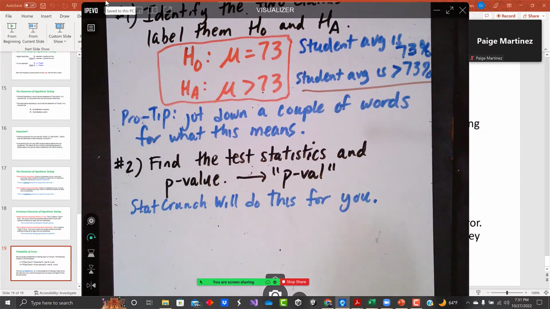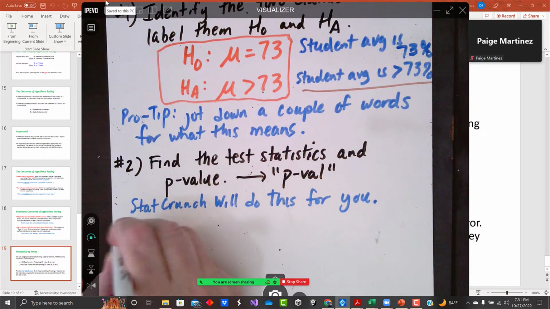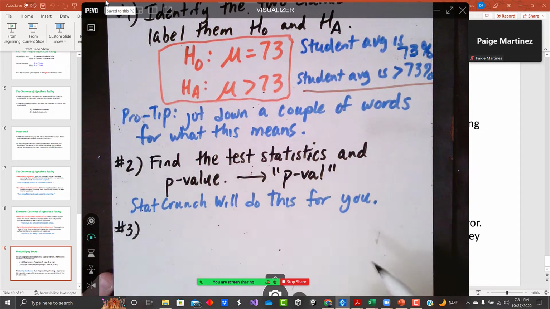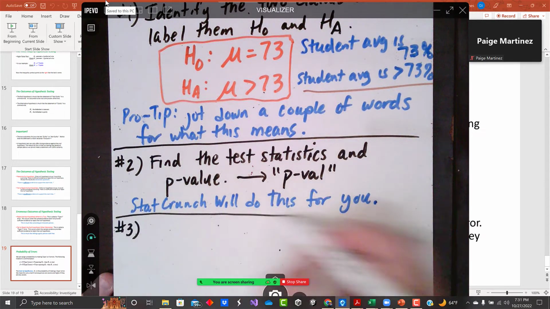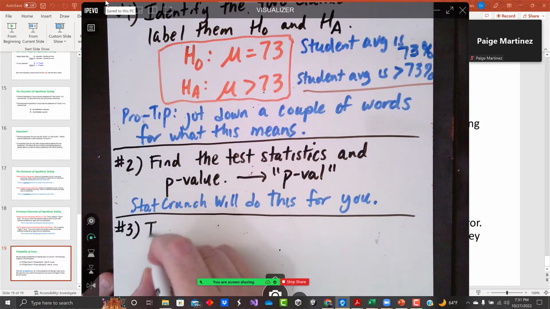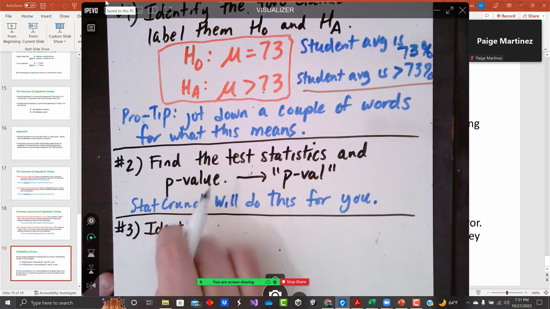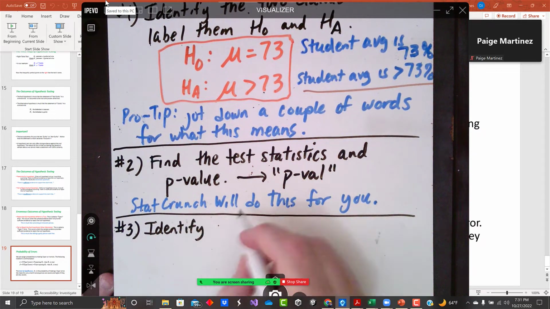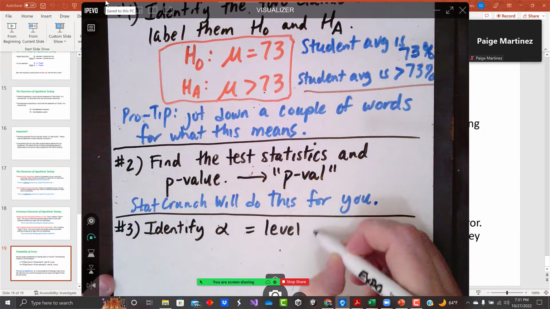Step number 2 and step number 3 are kind of interchangeable. It doesn't really matter which one you do first. So step number 3 is identify alpha. Alpha is called the level of significance.